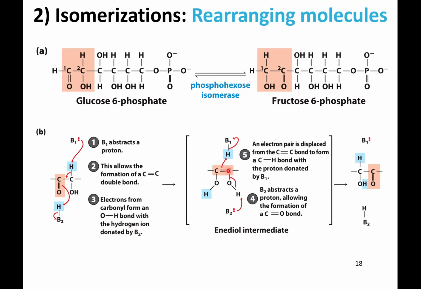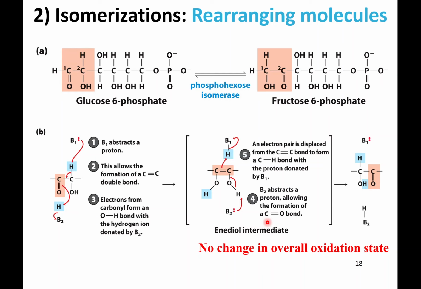So you have two OH groups on adjacent carbons and a double bond between those two carbons. That's a very short-lived intermediate, and then it flips back, but in the process it changes the position of the carbonyl and the alcohol.